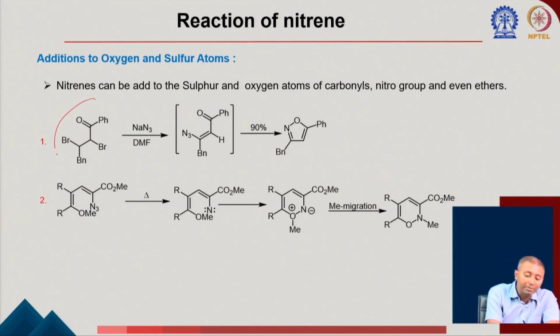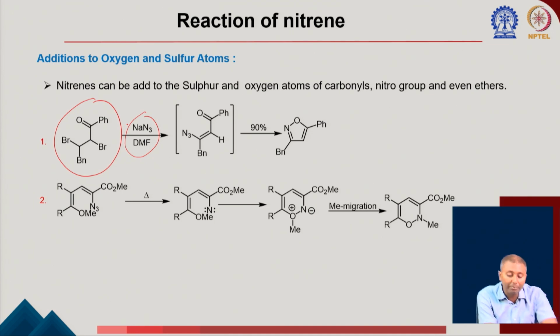Starting from this reaction, if you use sodium azide in DMF, it will go for an SN2 reaction. You can clearly see that. This bromide is going to get replaced, and then there will be elimination to generate this compound. Now this is going to generate a nitrene. Once it generates a nitrene, there will be N2 expulsion.